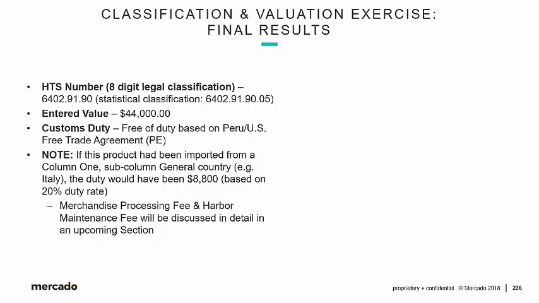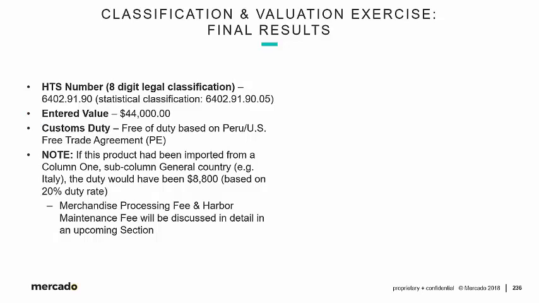Our entered value was $44,000, $40,000 for the basketball shoes, and $4,000 on the assist. Customs duty free, based on the Peru-U.S. Free Trade Agreement, as designated by the uppercase letters PE.